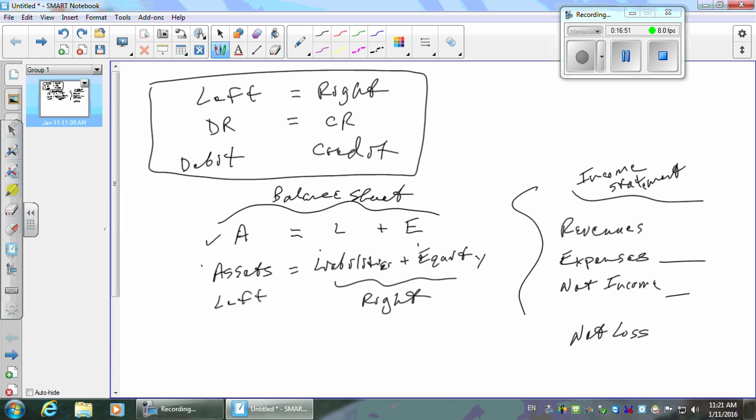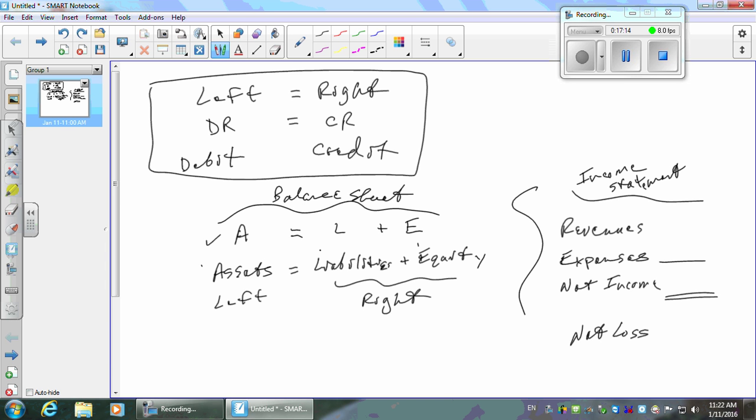So assets are all of our possessions. Liabilities is everything we owe against them. Equity is the portion we own, which is a representation of our wealth. Revenues, what's that? Earnings from selling goods and services.